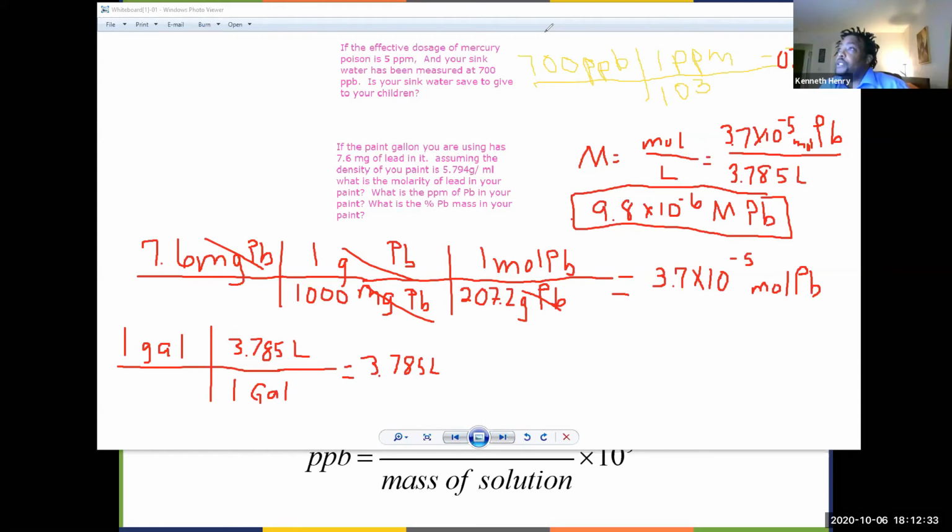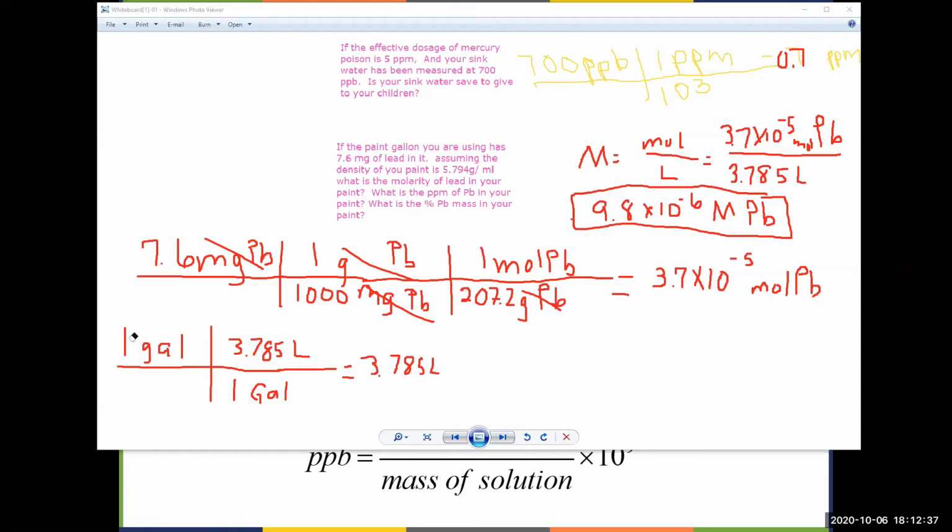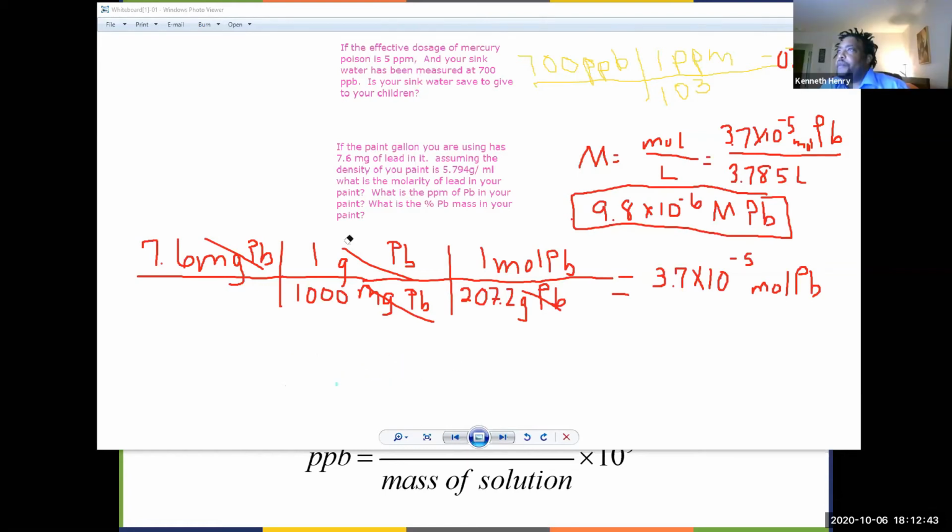Mass of solute. So what is the mass of our solute? It's 7.6 milligrams. So we should probably change that to grams. So what is that? 0.0076 grams.